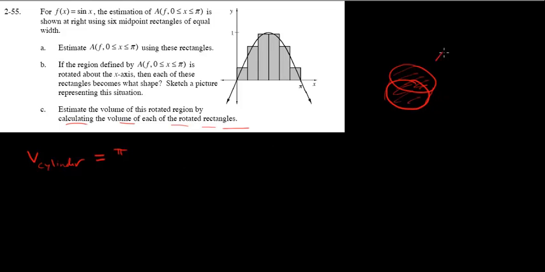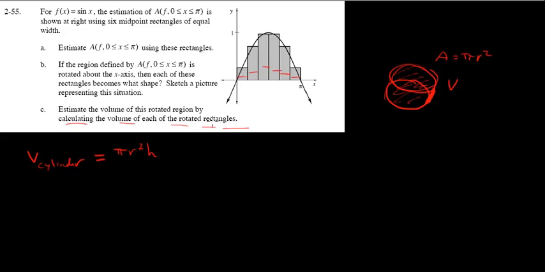This thing right here on top is a circle, and the bottom is a circle too. We know the area of a circle is pi r squared. So if we multiply the area times the height here, we get the volume of the cylinder. So it's going to be pi r squared times the height. Each of these is going to have a different, well, the height for each of these is the same.